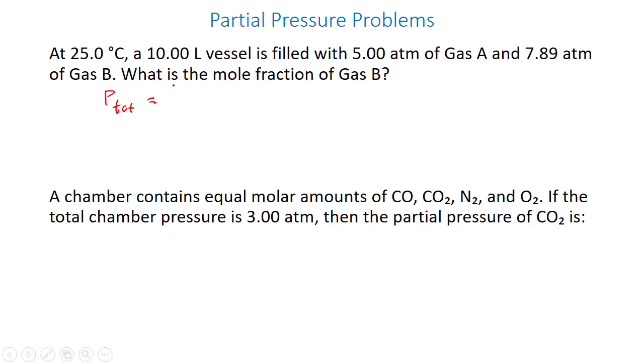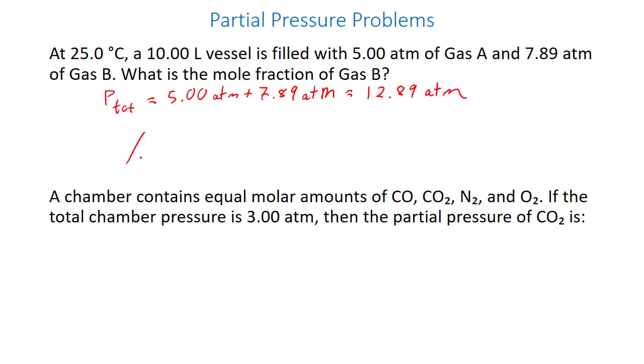So, since we have the same 10-liter vessel with 5 atmospheres of one gas and 7.89 atmospheres of another gas, the sum of these two is 12.89 atmospheres.